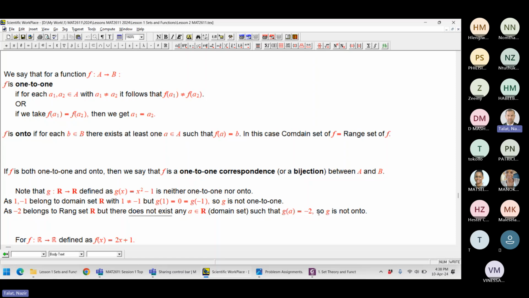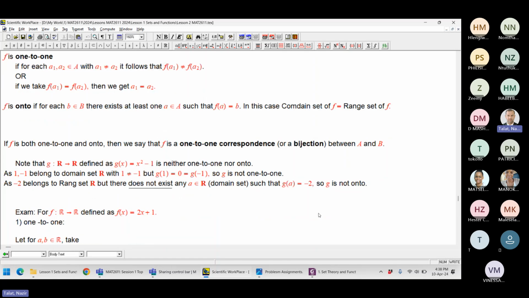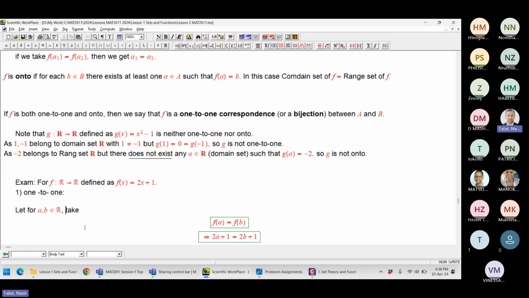Now, on another example, if f is a function from R to R defined as f of x equal to 2x plus 1, this function is 1-1. We can see that if we take any two real numbers for which f of a is equal to f of b, then f of a is 2a plus 1 and f of b is 2b plus 1.